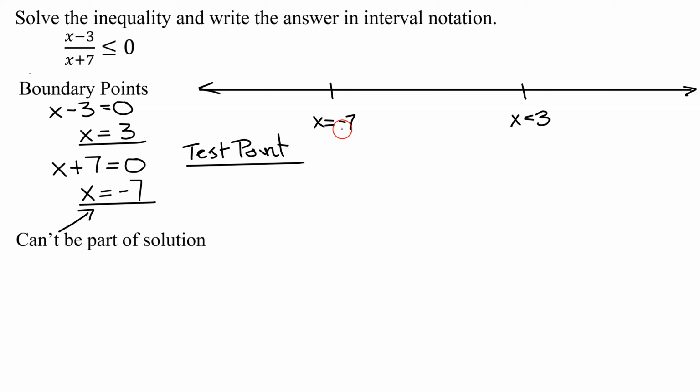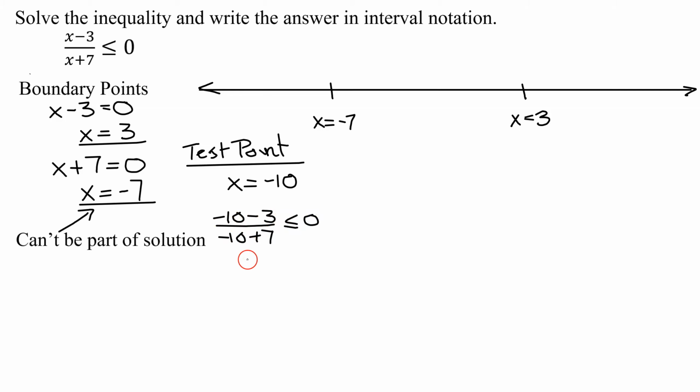So if I need a test point to the left of -7, let's pick -10. Plug it into our inequality. (-10 - 3)/(-10 + 7), we need to see if it's less than or equal to 0.